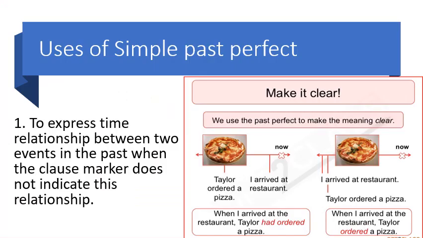Now let's move to the uses of simple past perfect. The first case is when we need to express time relationship. When you have two events and you want to indicate which action happened before the other, like I said earlier. However, the clause marker doesn't indicate this relationship.